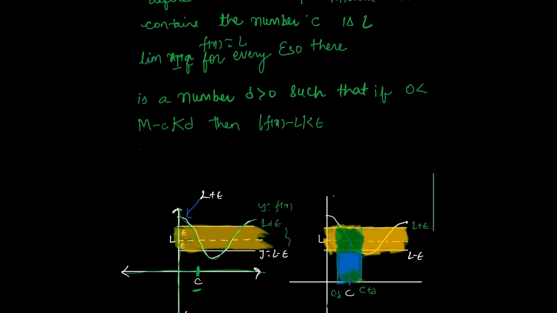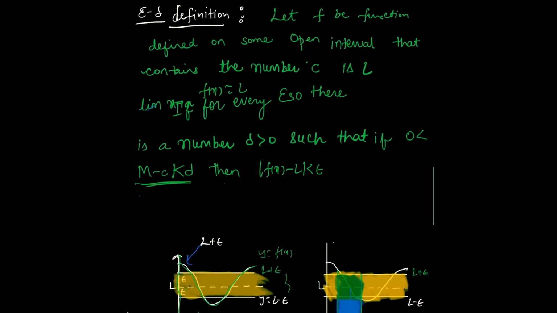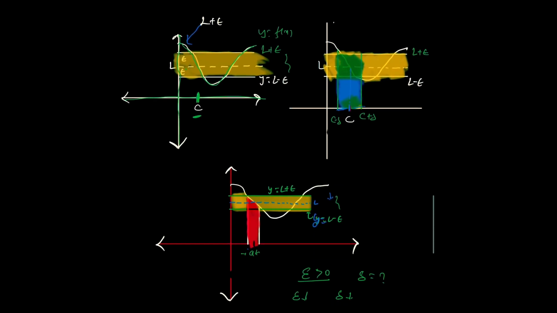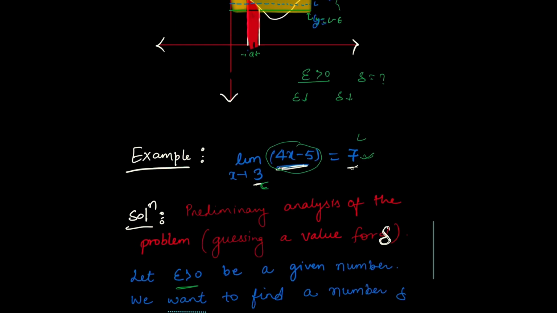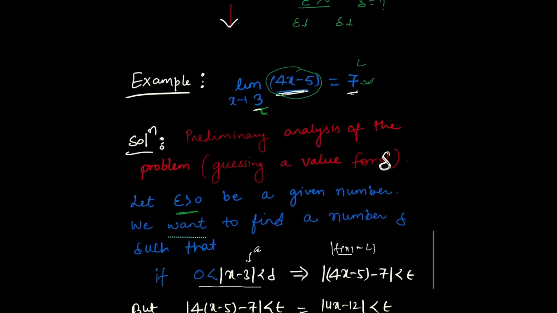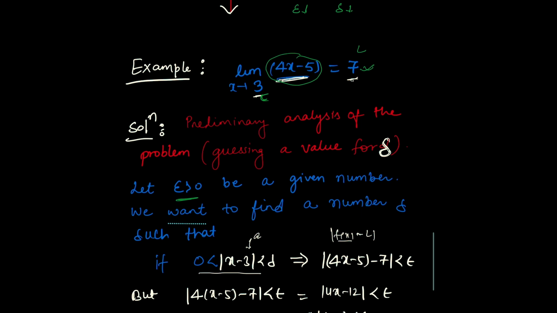If 0 less than |x minus c| less than delta, so 0 less than |x minus 3| less than delta, where this is our c, then |f(x) minus l| less than epsilon. This is our f(x) and this is our l.